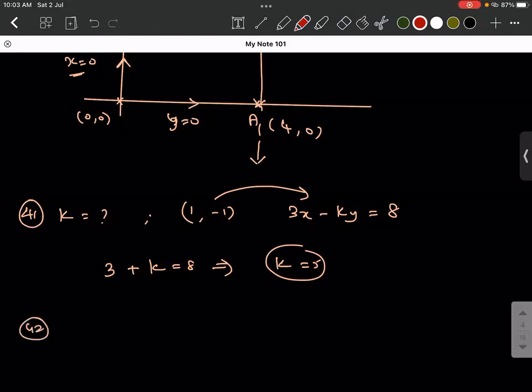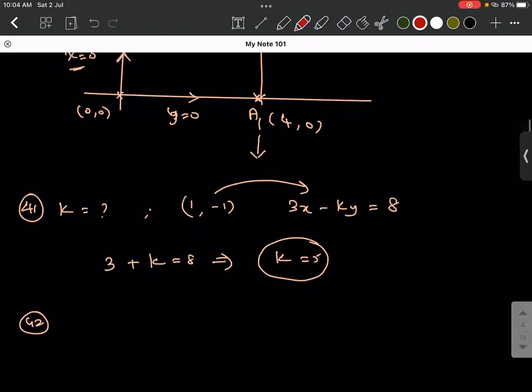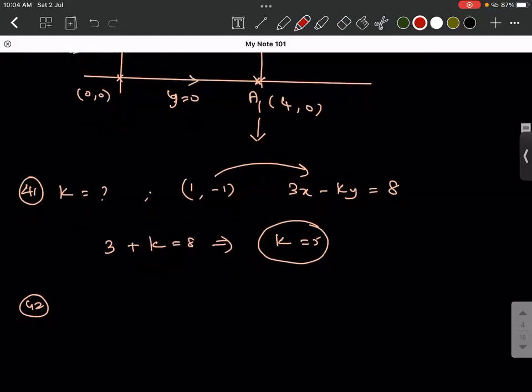So you told something else is given. Okay. That you can find, no? So 3x minus 5y is equal to 8.